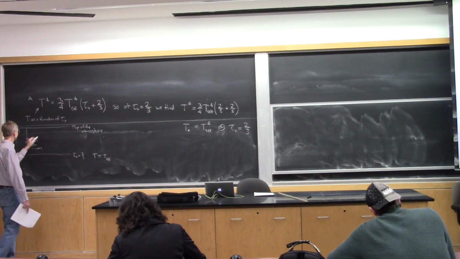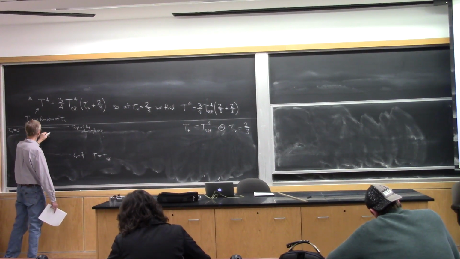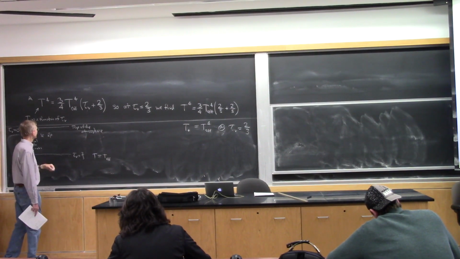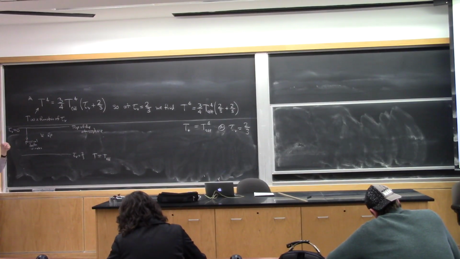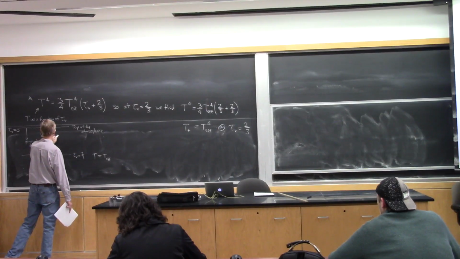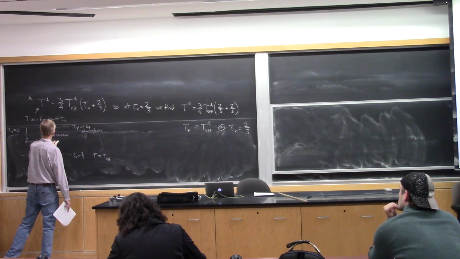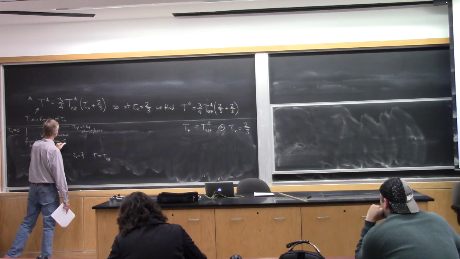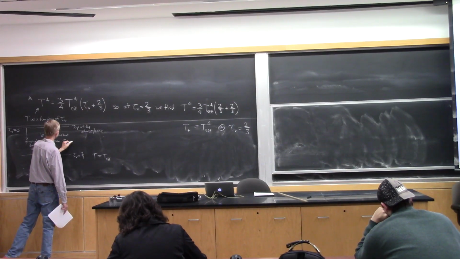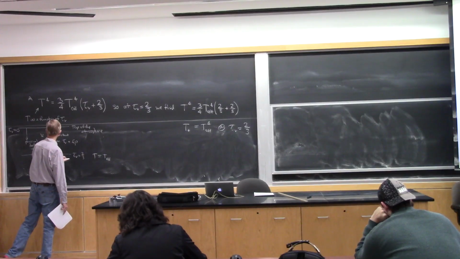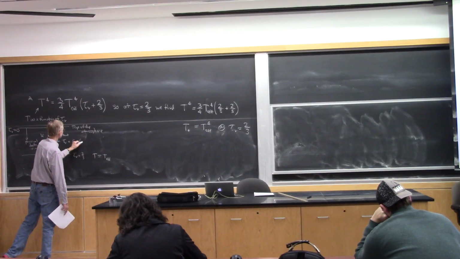And if kappa bar rho equals constant, because we're using the Eddington approximation here, gray atmosphere, then tau v, the vertical optical depth, is just kappa bar rho times the physical depth.